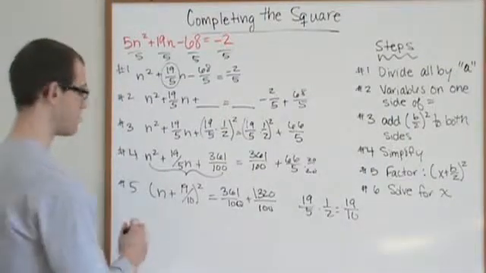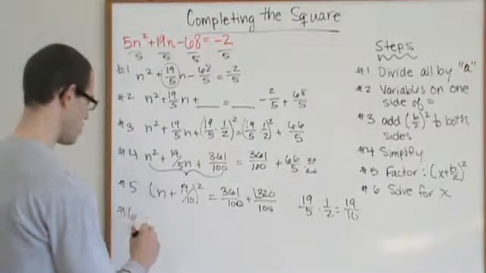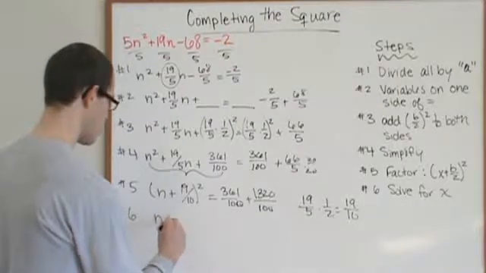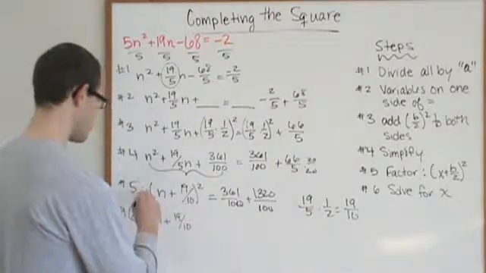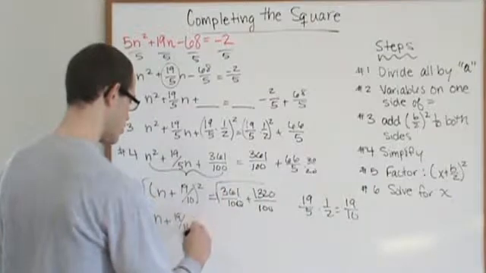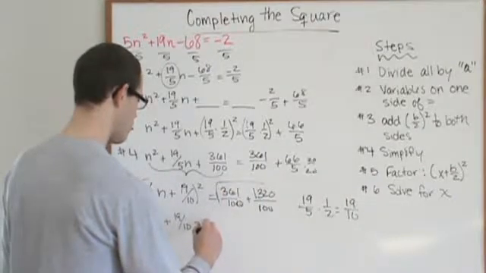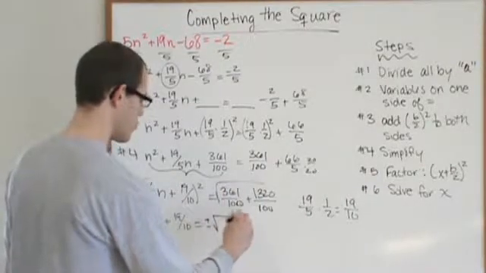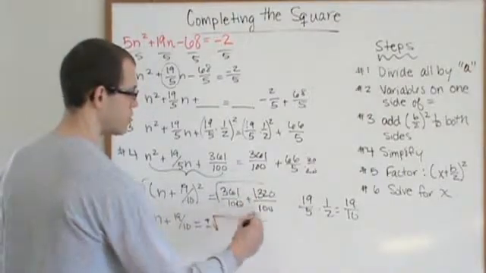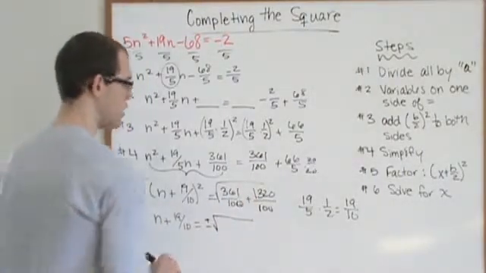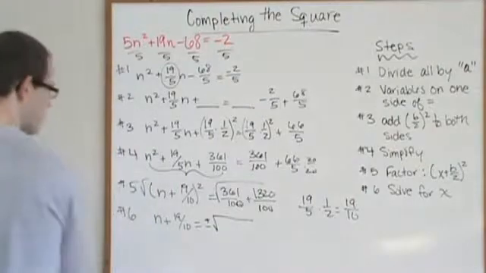So our last step is to solve for x, number 6. So first I want to square root both sides. So I'm going to have plus or minus the square root of whatever this is. So let's add 361, and 1,320.